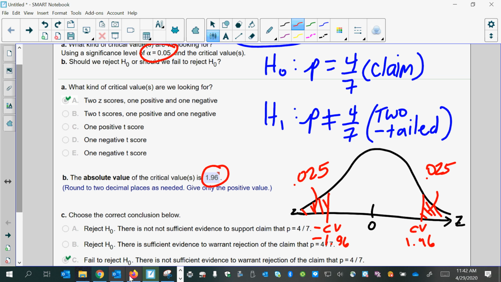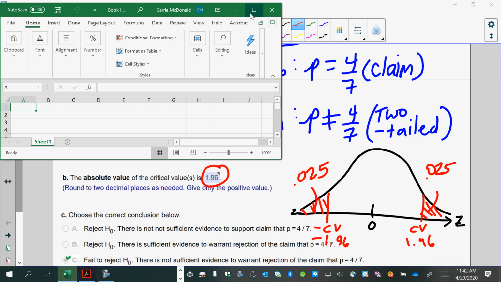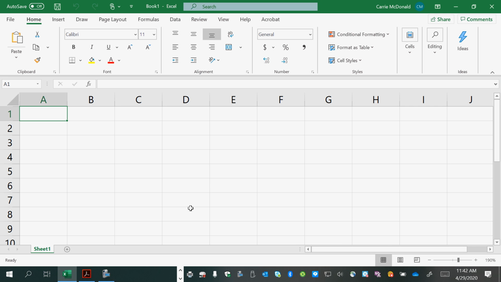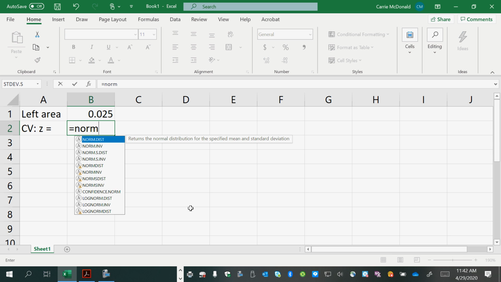You can also do this with Excel. So if we have a left area of 0.025, and we want to find the critical value that is a z-score, we will use the NORM.S.INV function.